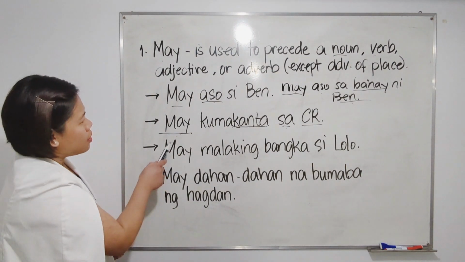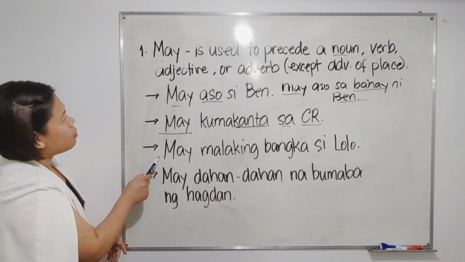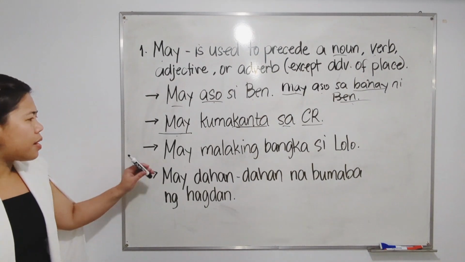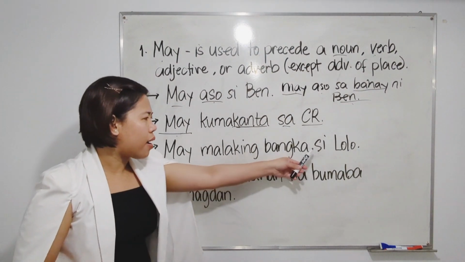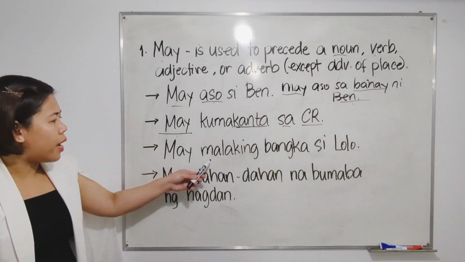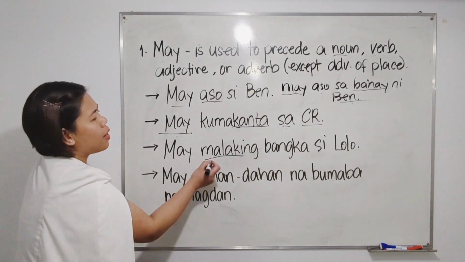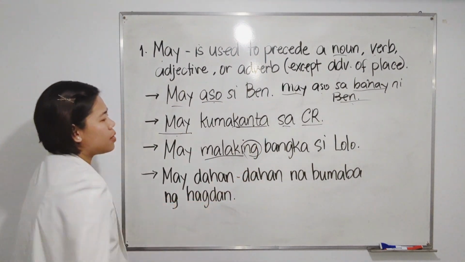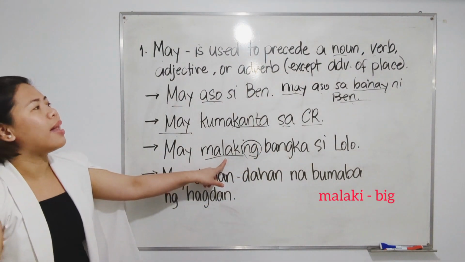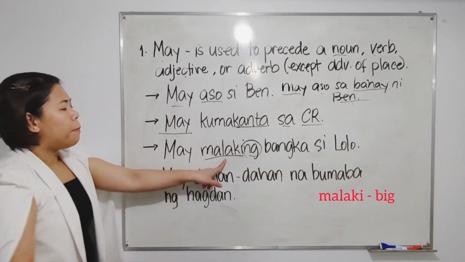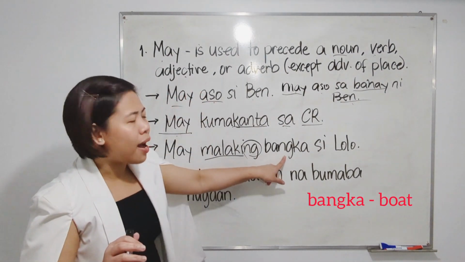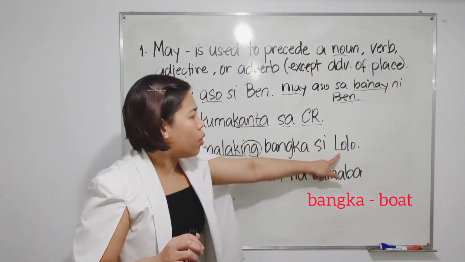Okay. So for this one, the third example or the third sentence says, "may malaking bangka si lolo." We use may, malaki. Root word malaki. This NG is just a connector. So malaki is an adjective. Malaki means big. Bangka is boat. Si lolo.